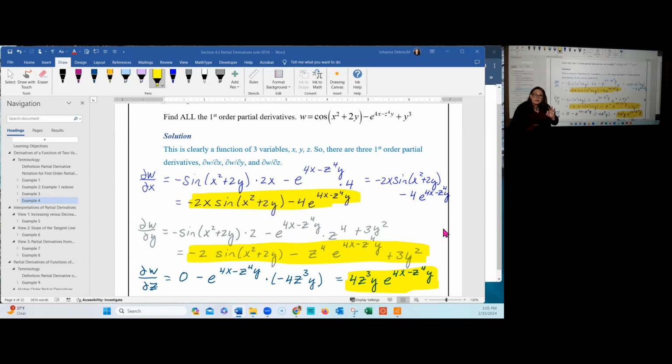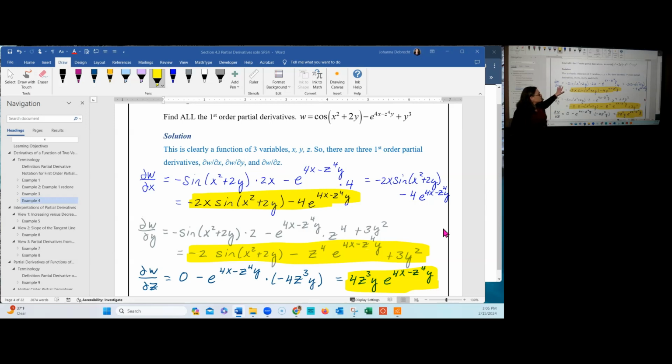There are 3 first-order partial derivatives: the partial with respect to x, with respect to y, and with respect to z, corresponding to the 3 independent variables. When we take the partial with respect to x, we're going to get a factor of negative sine of x squared plus 2y, because the derivative of cosine is negative sine, and we freeze the inside.